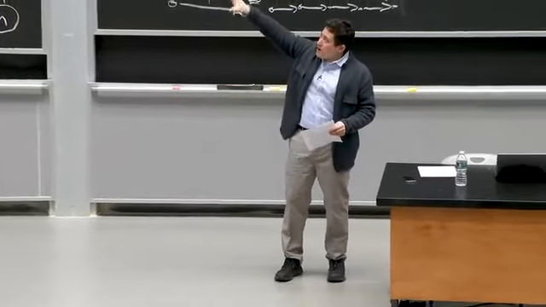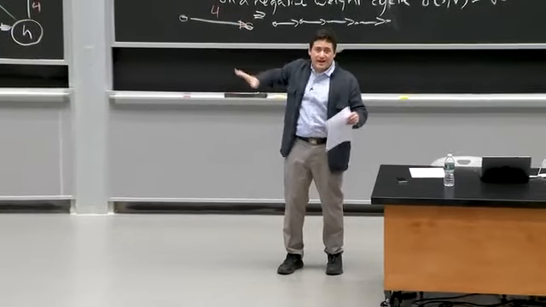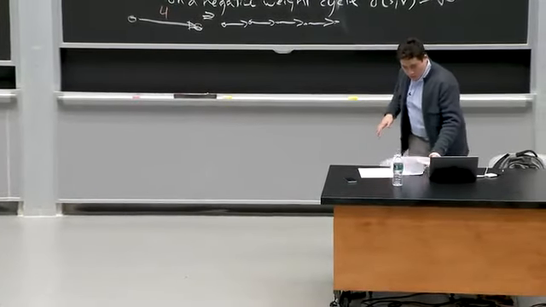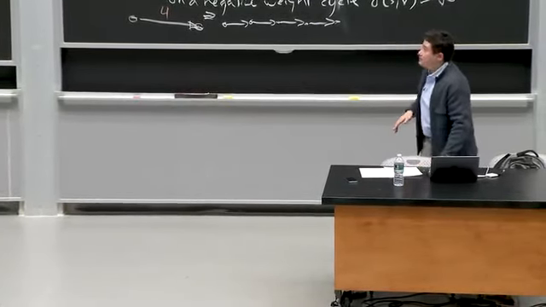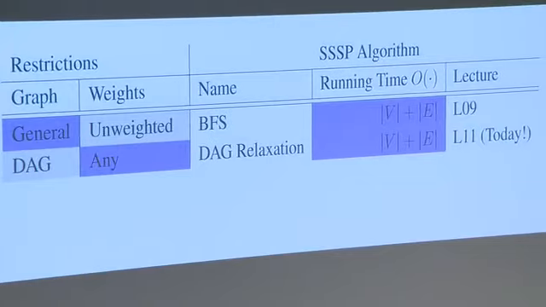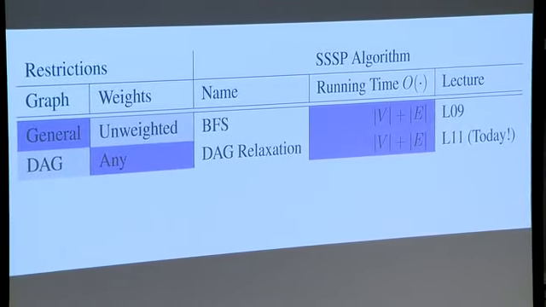But the one more special case we're going to go over today is when we have this really nice structure where we have a DAG, a directed acyclic graph, like we were talking about in the last lecture. We can actually, for any set of edge weights, right?